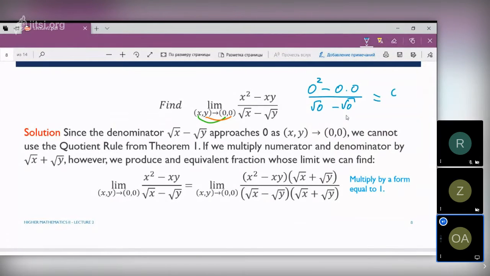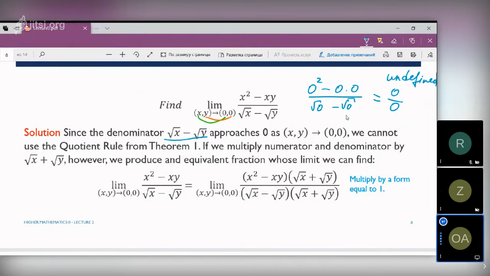It will be 0 over 0. It's undefined. So we can't solve this one. Since the denominator, square root of x minus square root of y, approaches 0 as (x, y) tends to 0, we cannot use the quotient rule. First of all, we have to simplify or rationalize this.